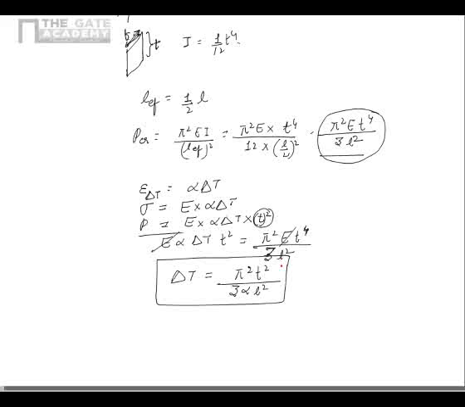So for any material which is isotropic, this is the amount of temperature difference which is required to buckle the structure. It's a very good problem because it clears a lot of concepts. Now let us see a few more examples.